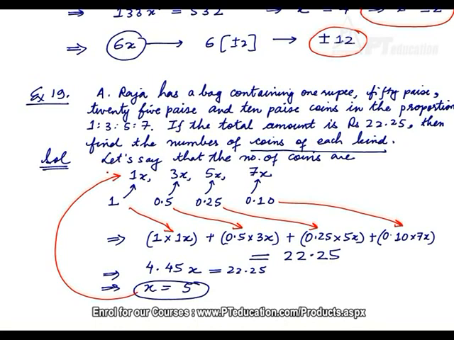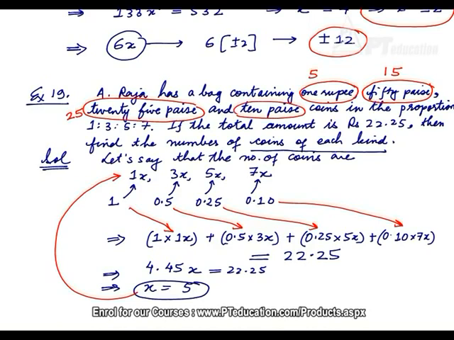So the number of coins of 1 rupee denomination will be 1x, which will be 5. 50 paise denomination will be 3x, 5 into 3 is 15. 25 paise denomination will be 5x, 5 into 5 is 25.